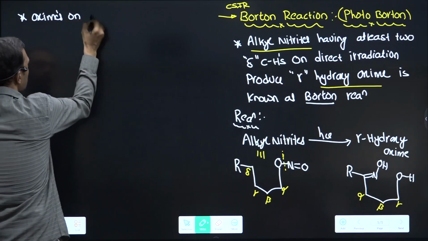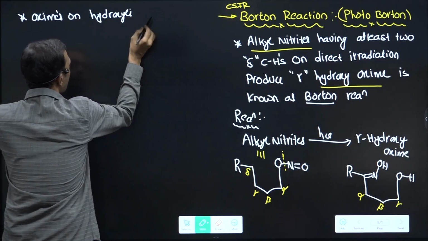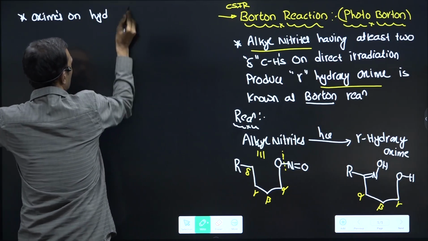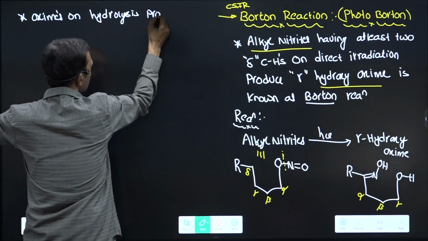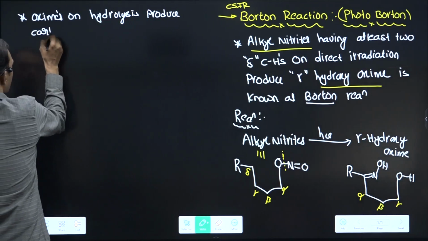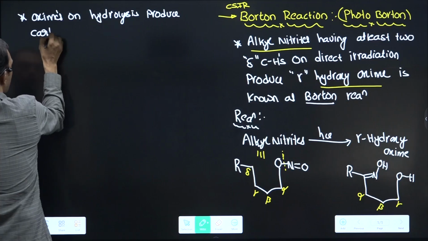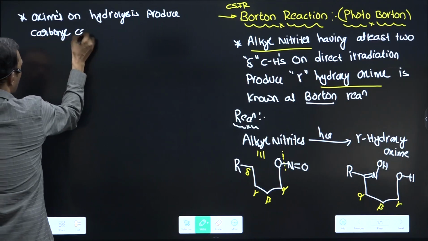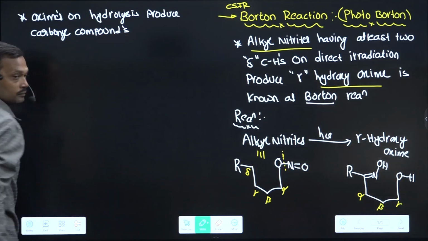See, oximes on hydrolysis produce carbonyl compounds. So here you will expect a carbonyl compound.